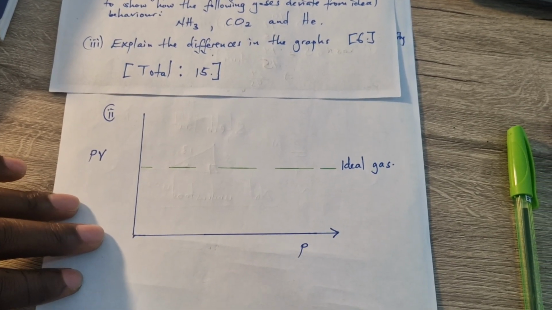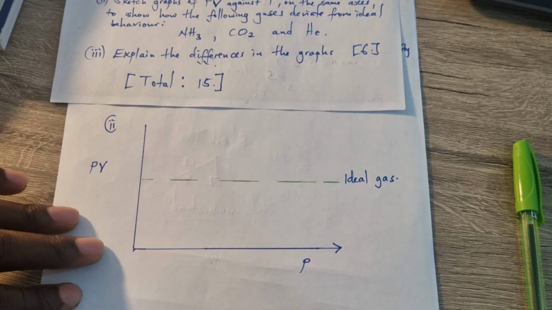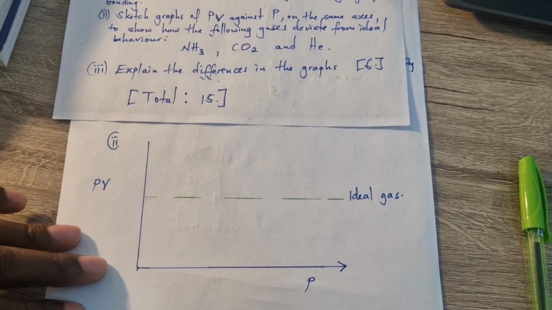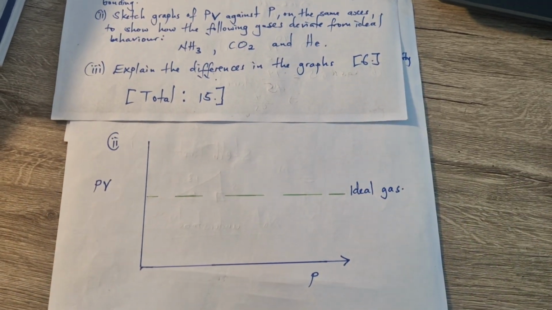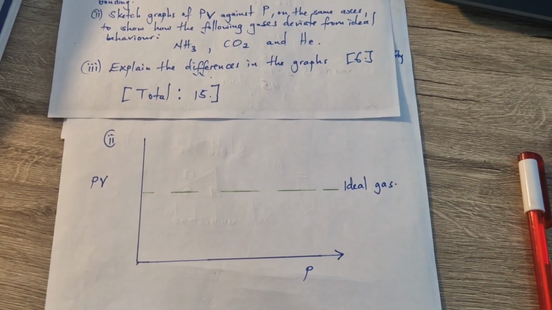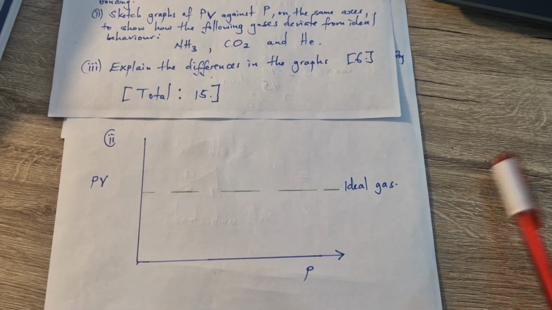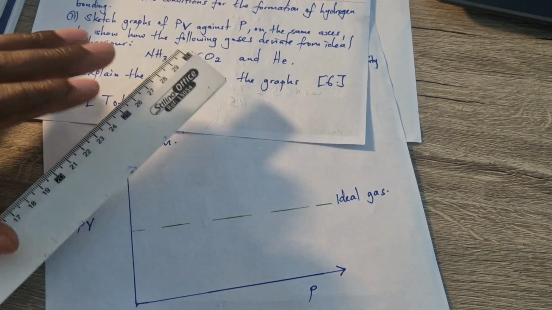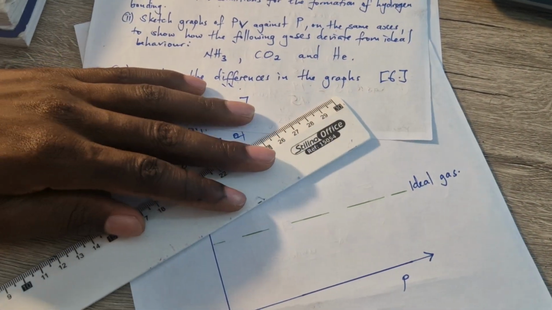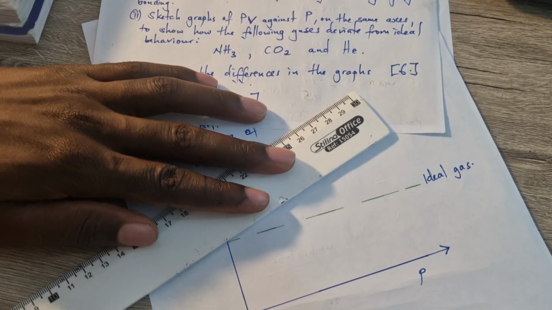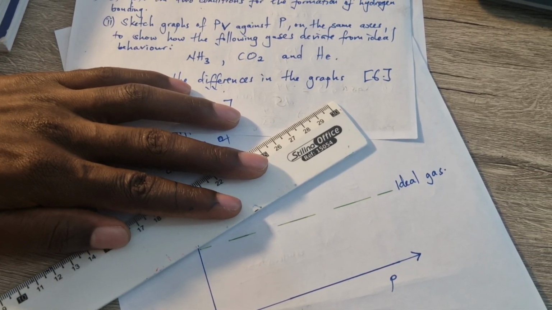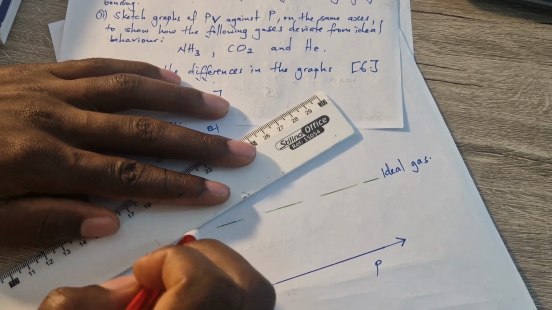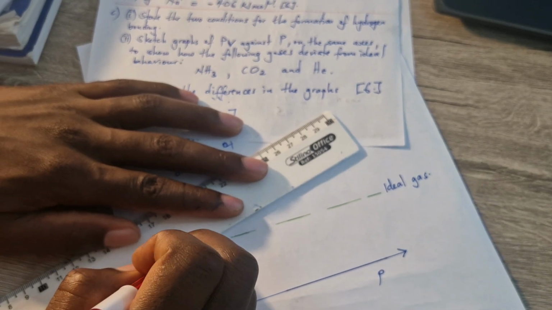So we'll start with the helium gas. I will show its graph with the red pen. So helium, it goes like this. It slightly deviates.